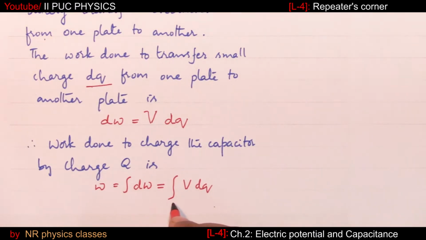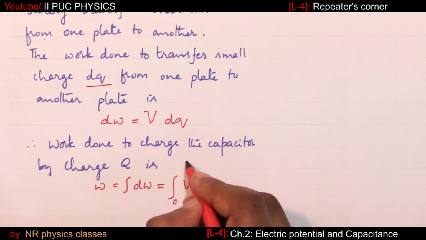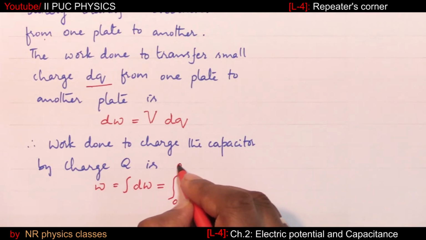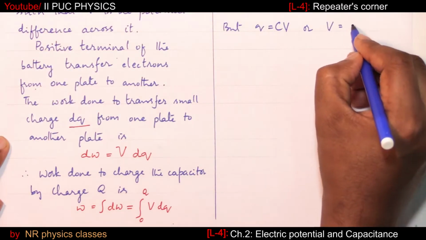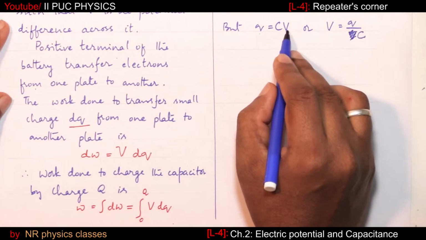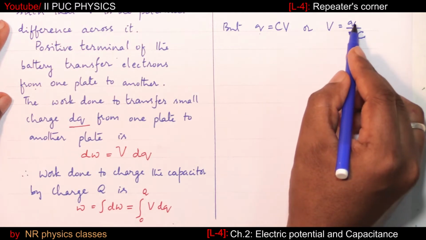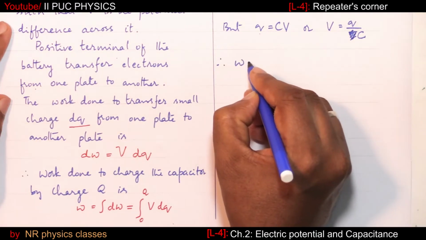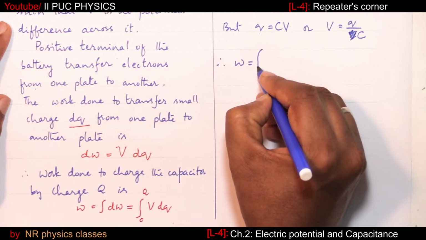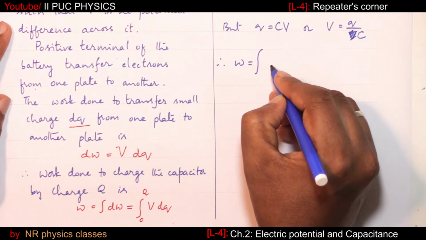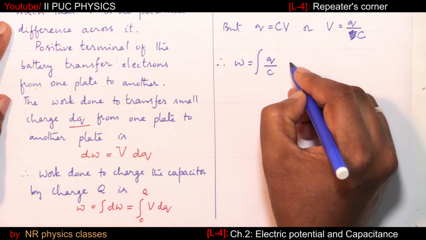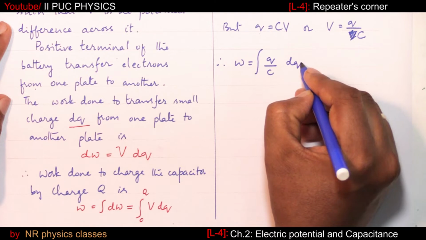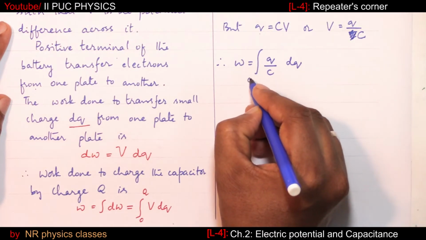Limits of integration are from 0, uncharged capacitor, to charge Q. Q equal to CV or V equal to Q by C. Therefore, work done equal to integration, in place of V, we can write Q by C into dq. Limits are from 0 to Q.